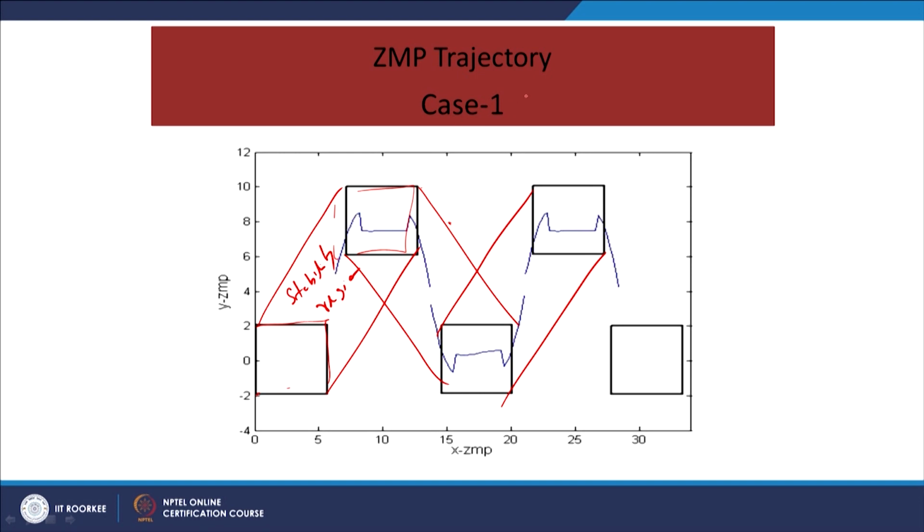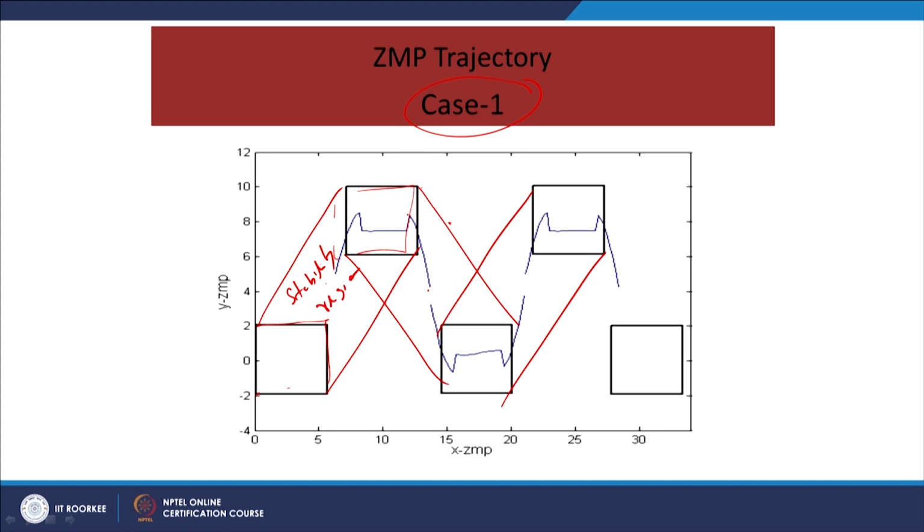For case 1, when we draw the graph of the zero moment point, it starts from the middle of the two hips and goes above the stable leg, and then it comes back again to the middle during the time interval t0 to t4.